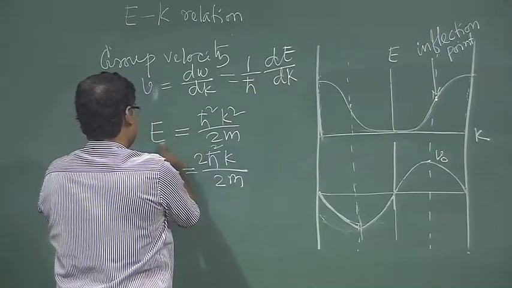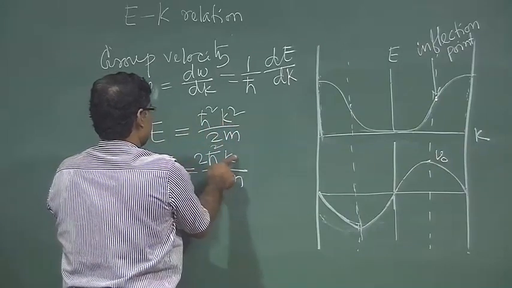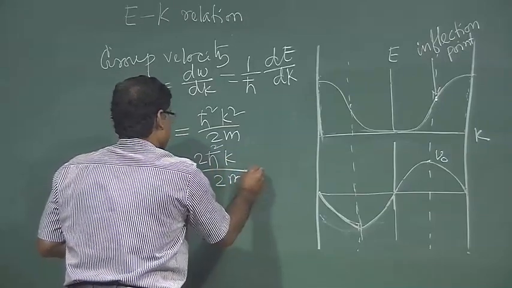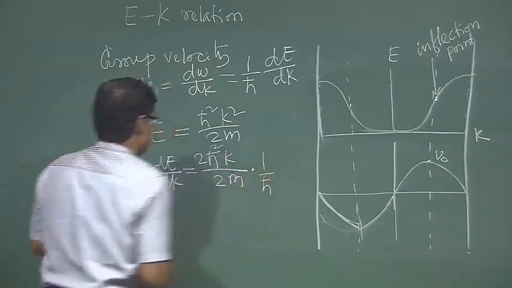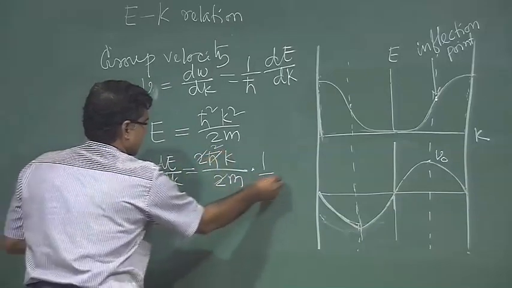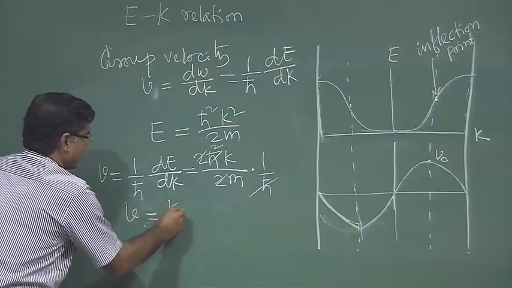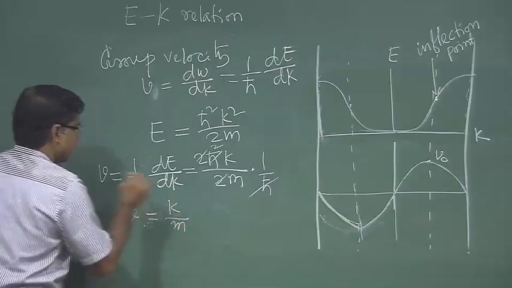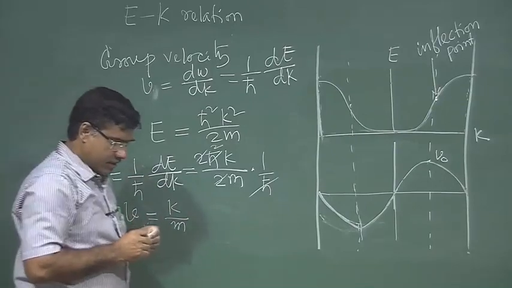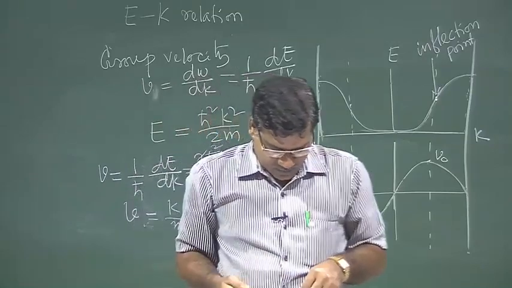From here, 2h cross square k by 2m and 1 by h cross is here. So, this h cross is going, so I am getting v equal to k by m, right. v equal to k by m.